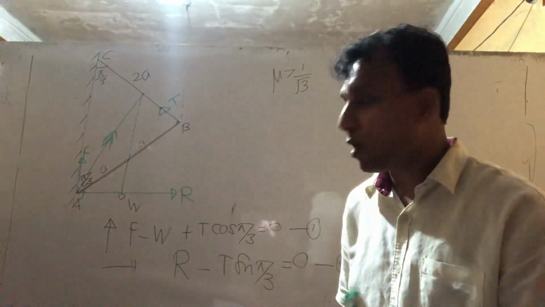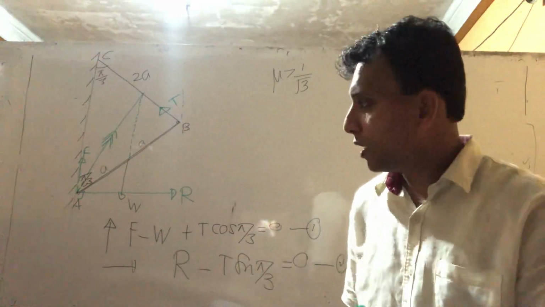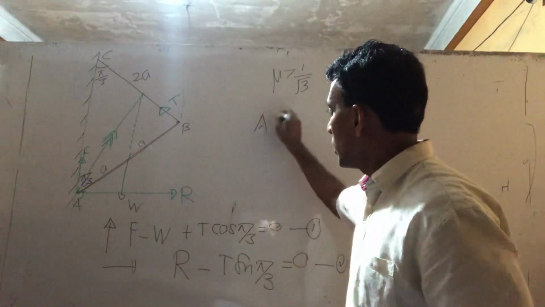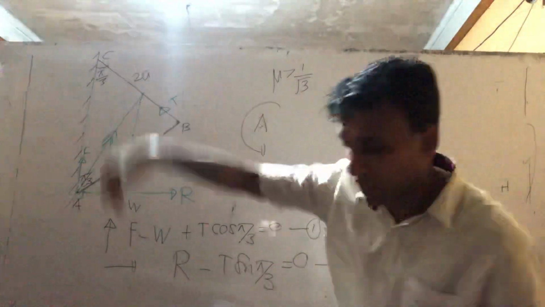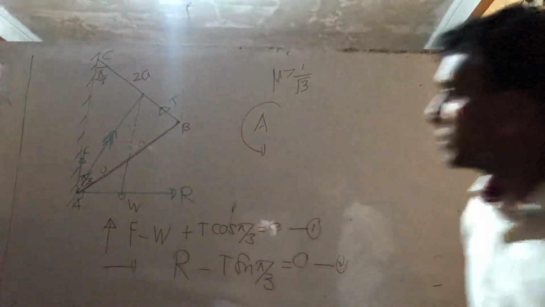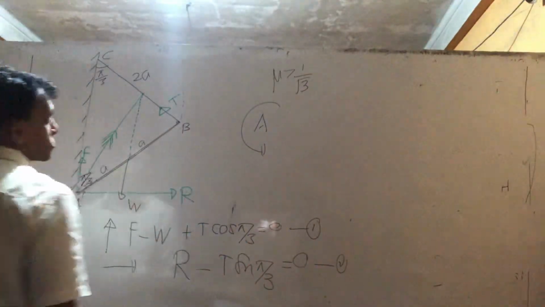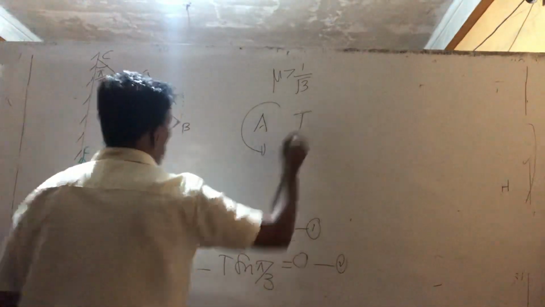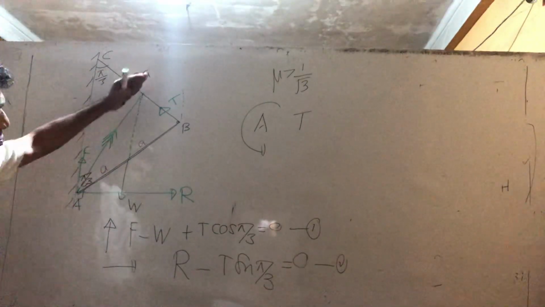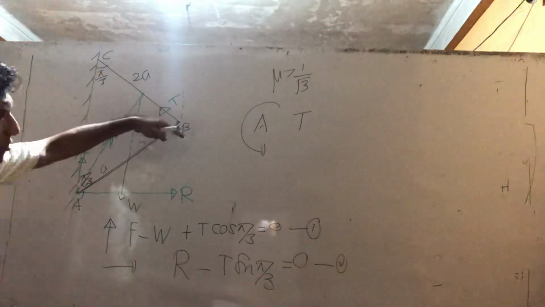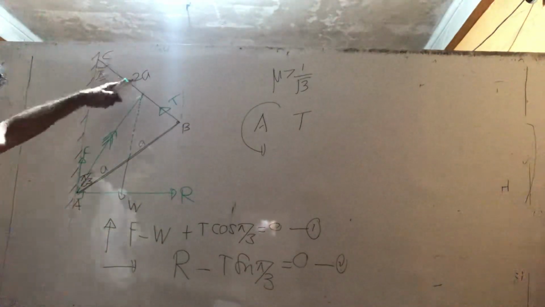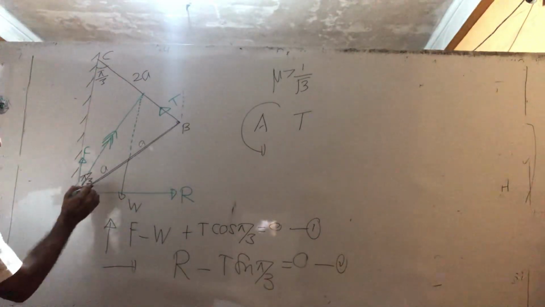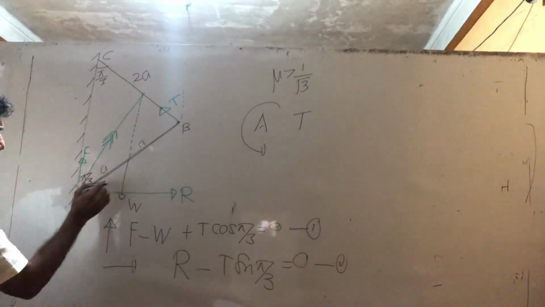Take moments about A, for AB. I take the direction of the T, right? This direction, take T into the perpendicular from the line of action of the T. Here 60, mean here 30, pi by 6.